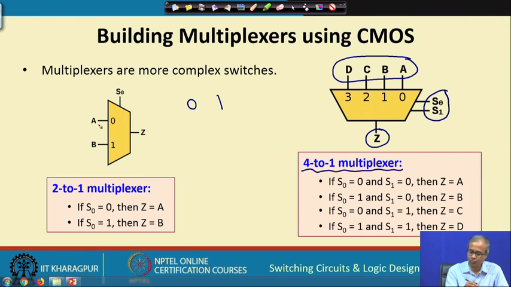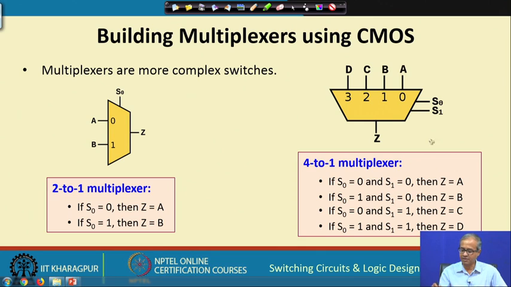With 2 select lines I have 4 possibilities: 0 0, 0 1, 1 0 and of course, 1 1. If S1 S0 is 0 0, then A is selected. If S1 is 0 and S0 is 1, then B is selected. If S1 is 1 and S0 is 0, then C is selected, and when both of them are 1, D is selected.